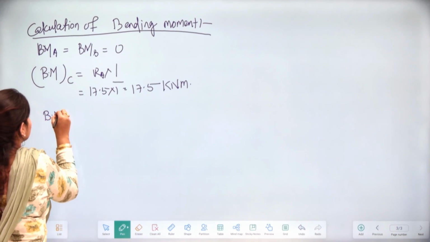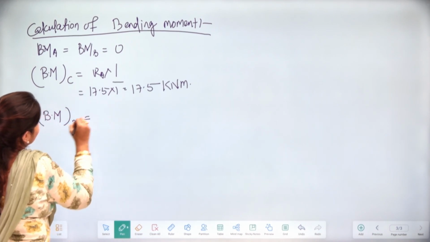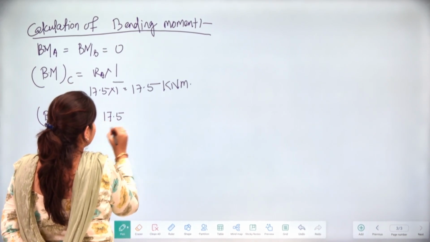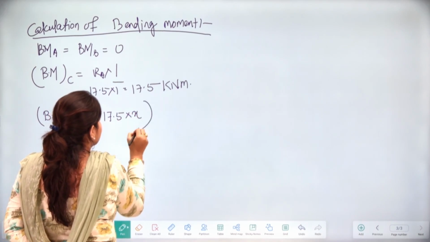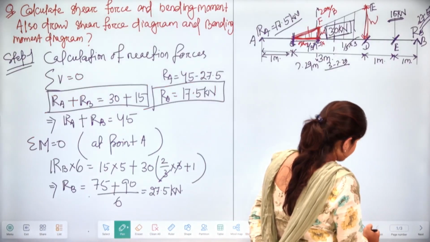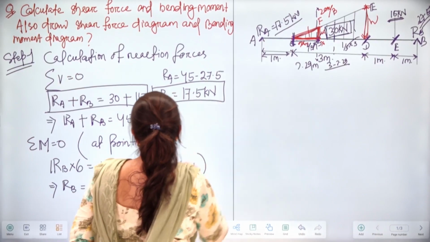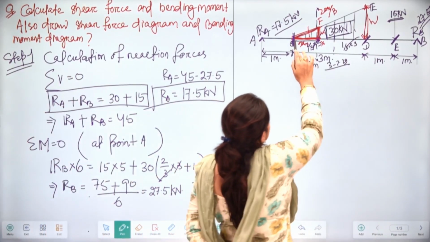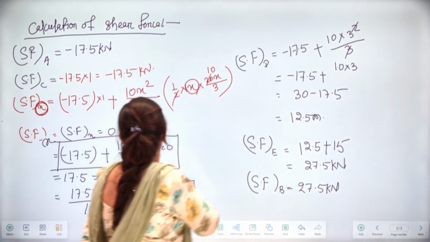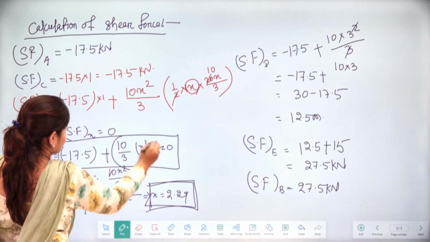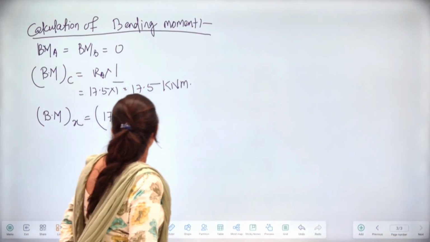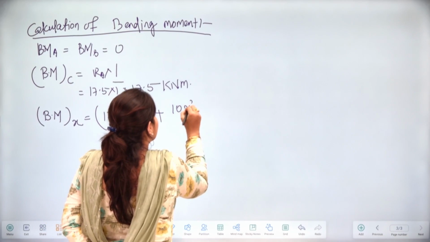Now, maximum bending moment or bending moment at X will be 17.5 multiplied with the distance X, minus the load at this point, which we already got from here, this 10x square by 3.